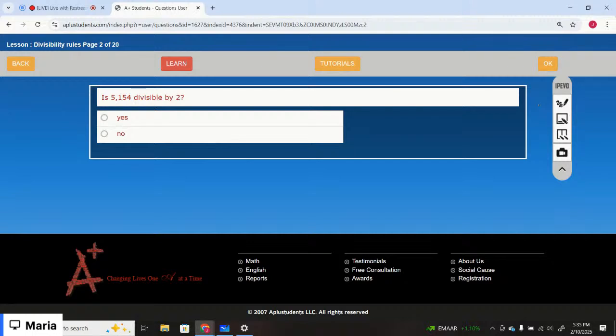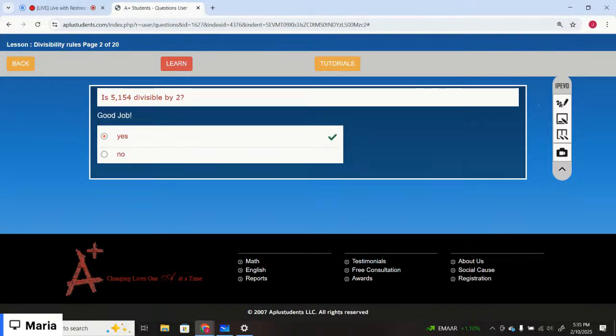Is 5154 divisible by 2? The correct option is yes, 5154 is divisible by 2.